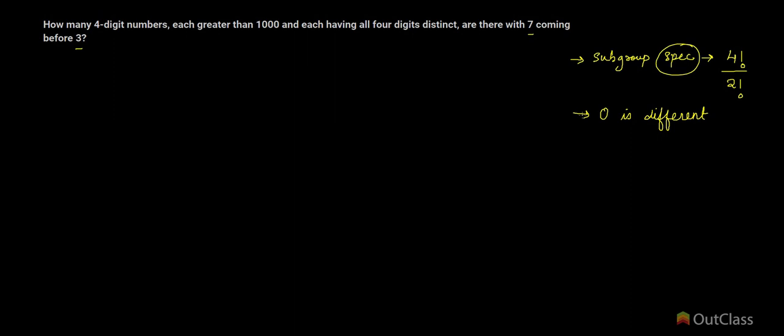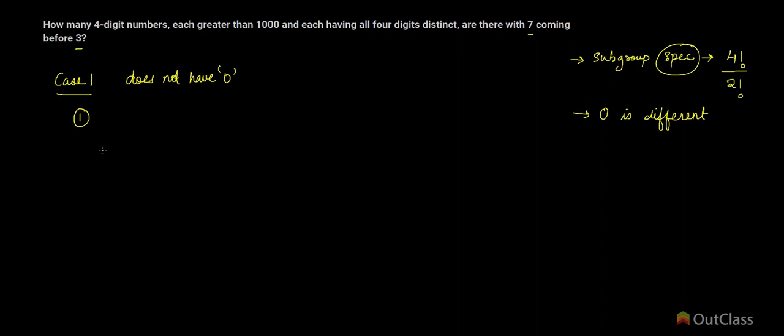So because 0 is different, the number of permutations for a selection that contains 0 is going to be different from the number of permutations for a selection that does not contain 0. So then you need to take separate cases for that. So then I'll have a case 1, does not have 0, which means after selecting 3 and 7, step 1, selection.